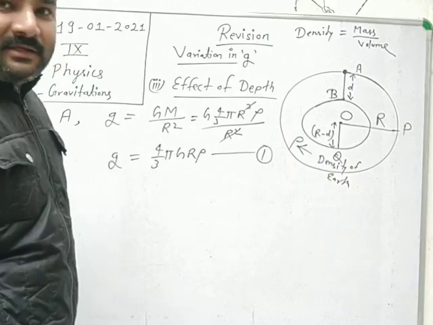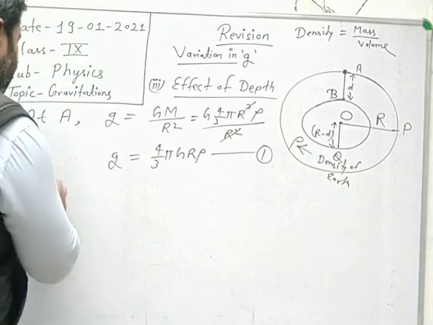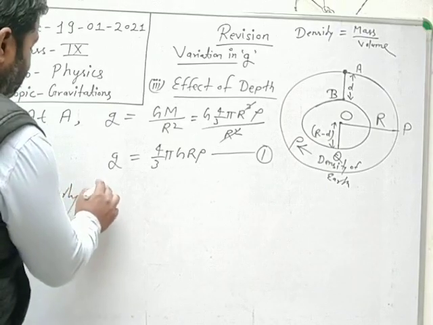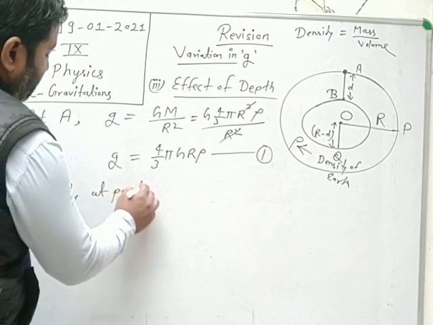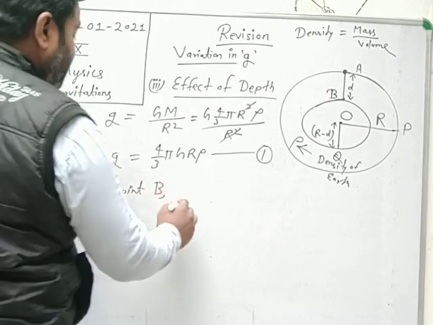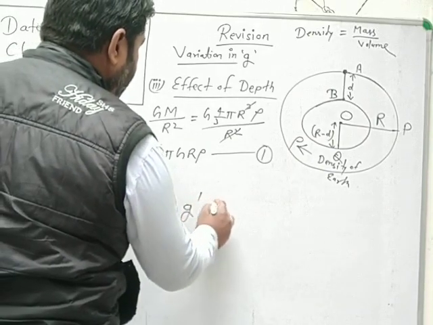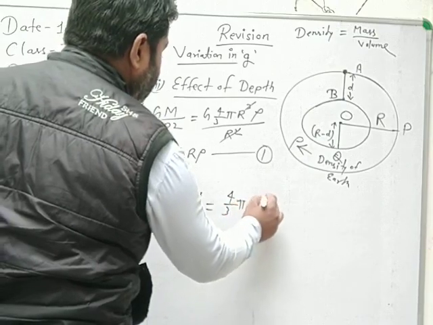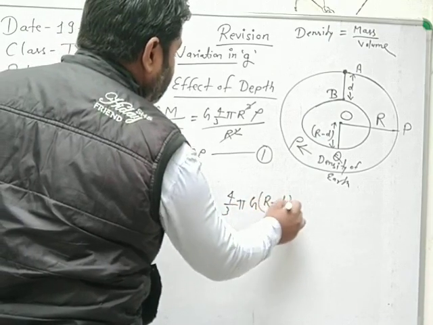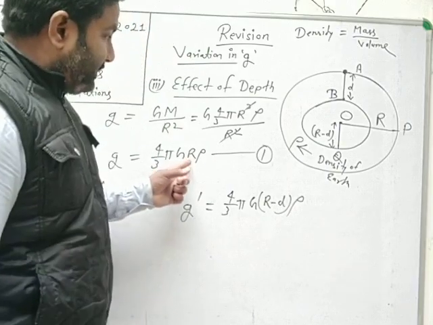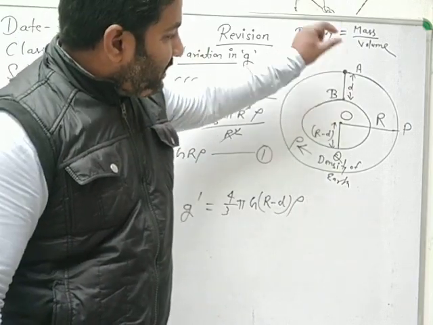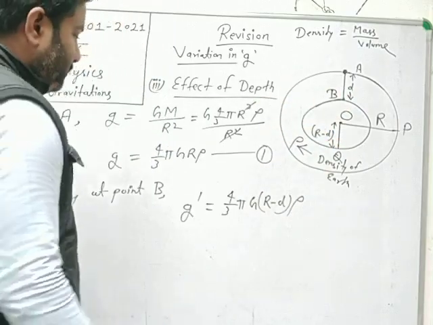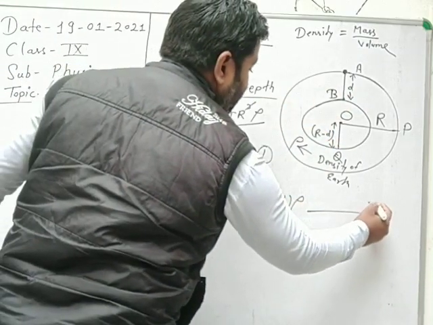Clear? Similarly, at point B, g dash is equal to 4 by 3 pi G (r minus d) into rho, because the radius at point A is r, but at point B it will be r minus d. Clear? So make this equation number 2.